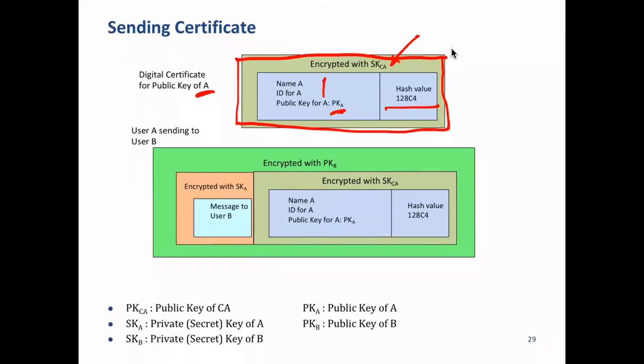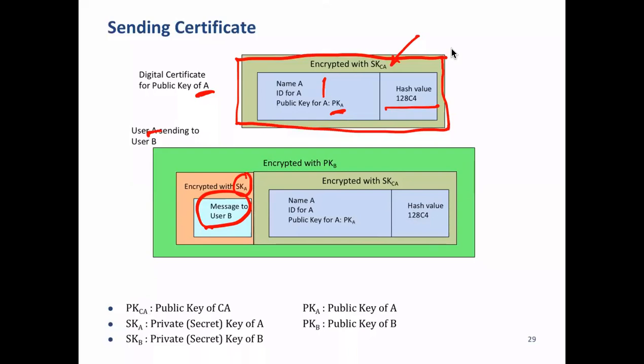Okay. Now what Alice will do when she sends a message M to Bob, this is a message for Bob. She will encrypt it with her own private key. Okay. Now it means that Bob needs her public key to decrypt it.